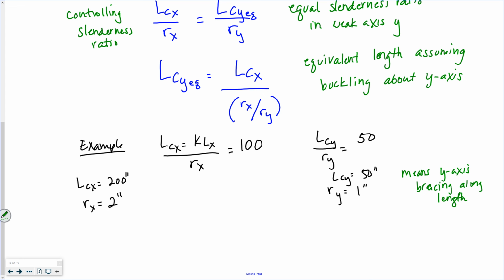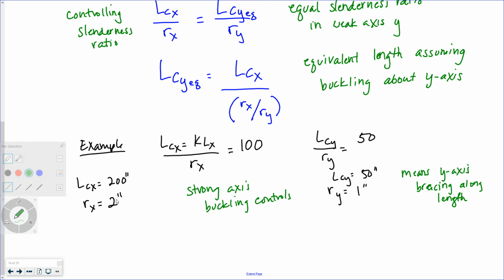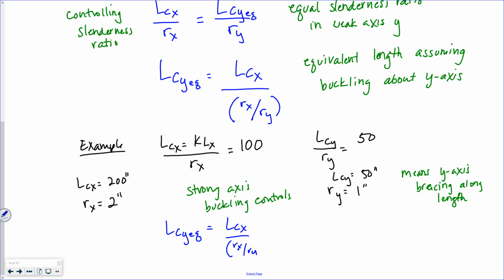So a higher slenderness ratio means strong axis buckling controls. So what would be an equivalent? That's my LCX divided by RX over RY.